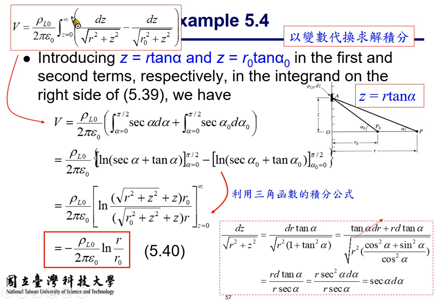So we begin with this expression, and you can identify that 1 over the square root of r squared plus z squared can be substituted using trigonometry as secant alpha. Alpha is the angle defined over here. So the first term is secant alpha, from alpha equals 0 to 90 degrees, okay?